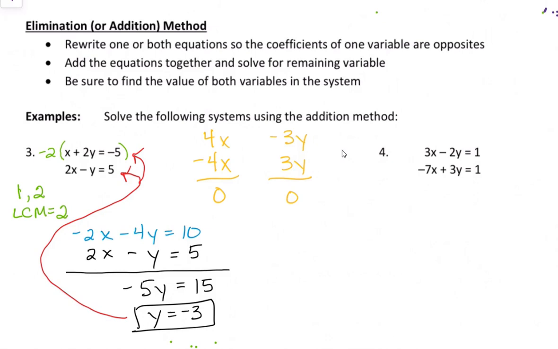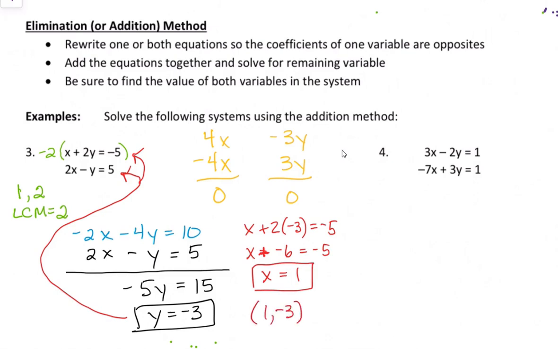So I'm just going to pick the first equation, x plus 2, and in place of the y, I'm going to substitute in my negative 3, and then multiply those two constants together. Oops, that's a plus sign. And add the 6. And there's my x value. So the ordered pair where these two lines intersect is at (1, negative 3).